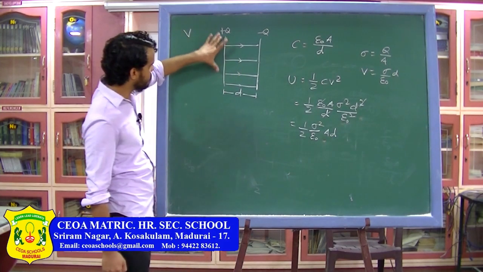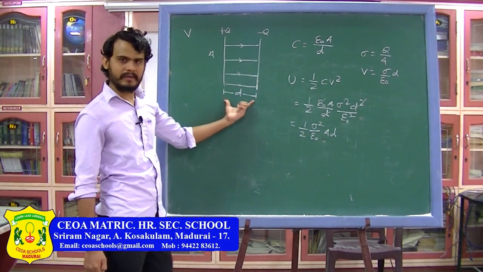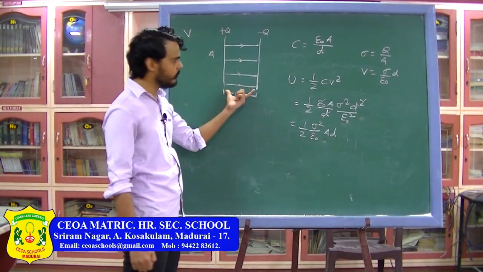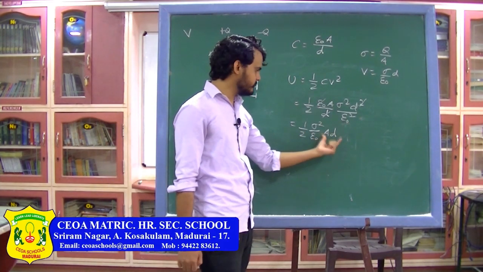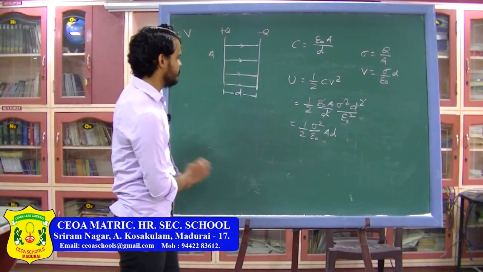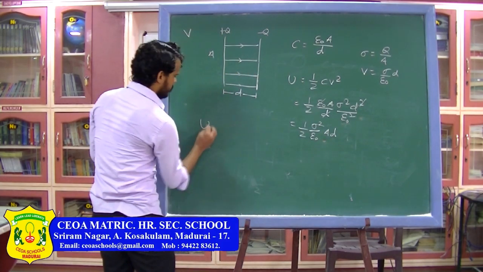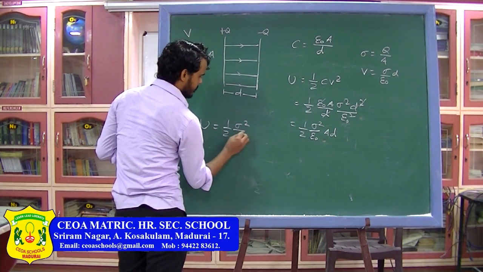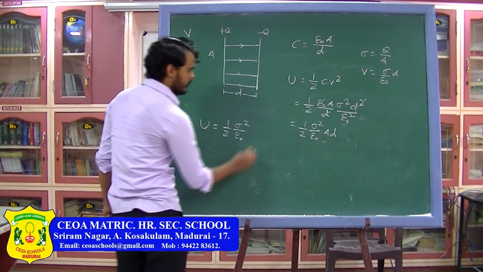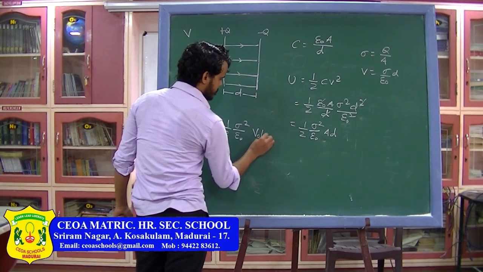So the area of the plates is A, distance between the plates is D, so I can say this is the volume of the capacitor. So this term A into D can be written as volume of the capacitor. So from here I will get U is equal to 1 by 2 into sigma square divided by epsilon naught into volume of the capacitor.